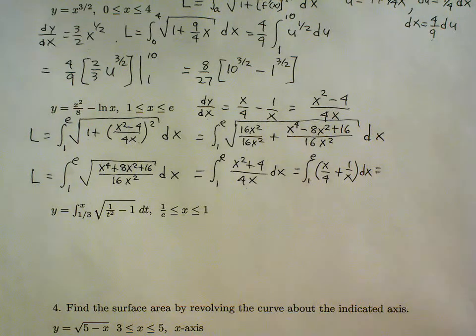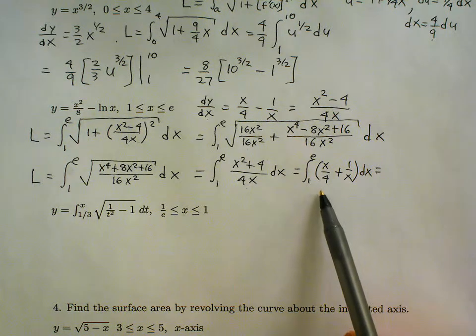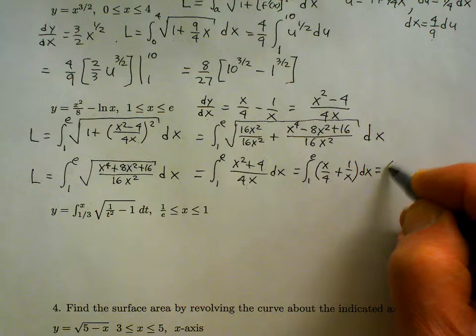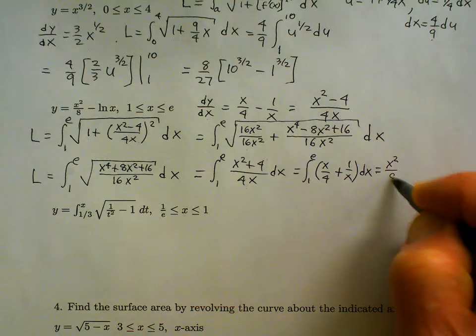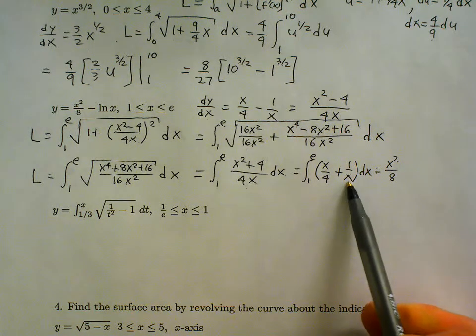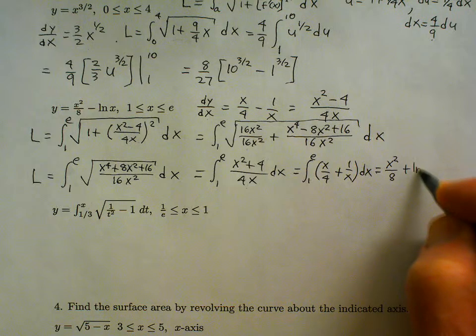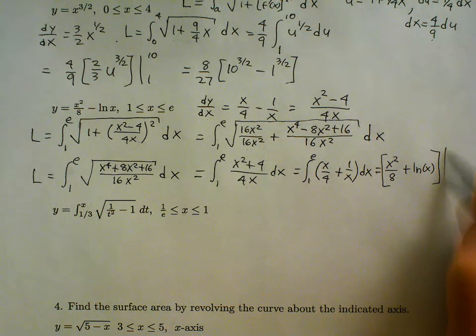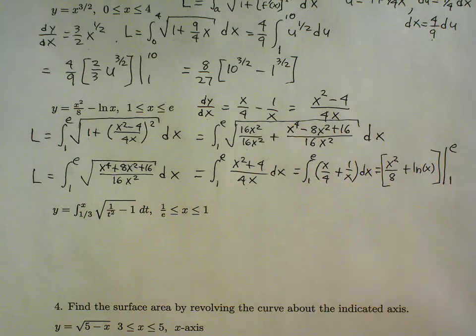And finally, we can find an antiderivative. An antiderivative of x over 4 is x squared over 8. And an antiderivative of 1 over x is the natural log of x. And we evaluate this from 1 to e.